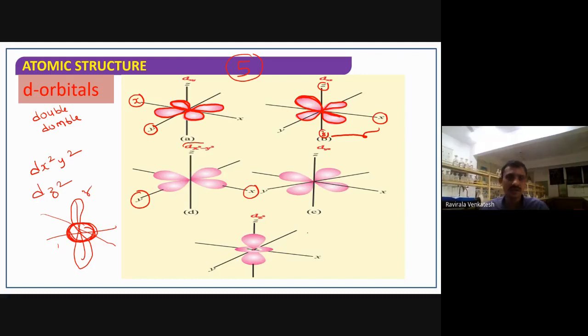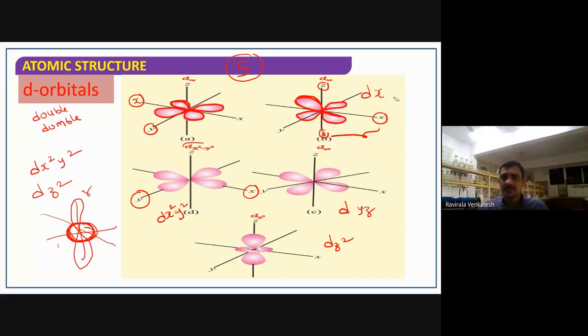How many orbitals did we get until now? Dz square, dx square minus y square. This one is dyz. This one is dxz.